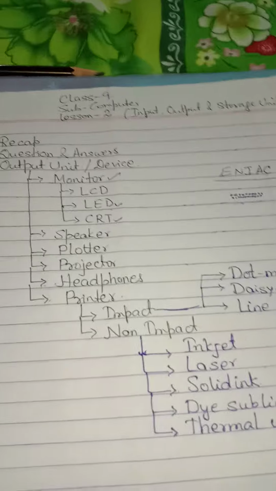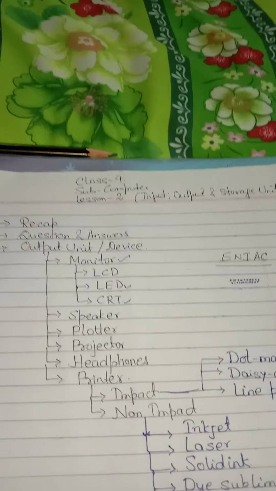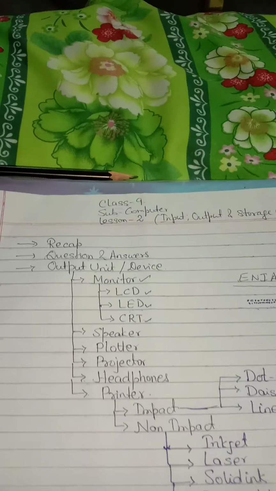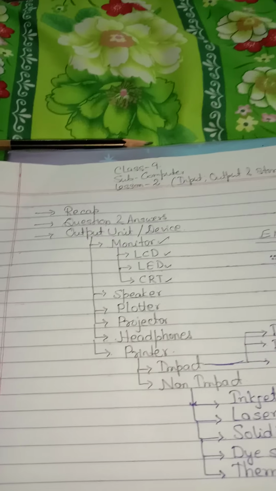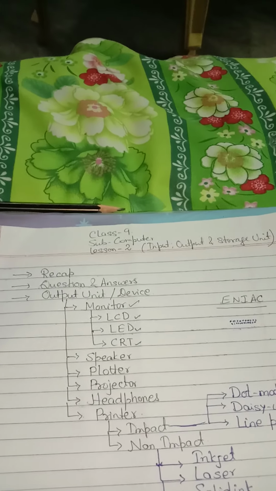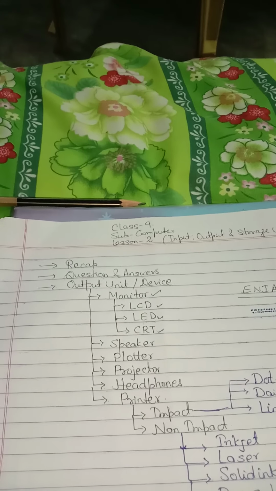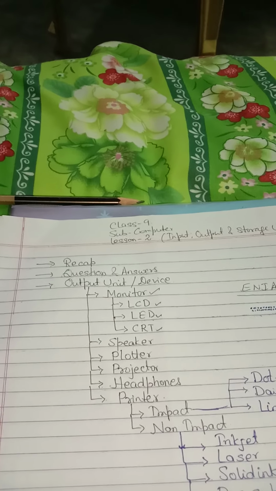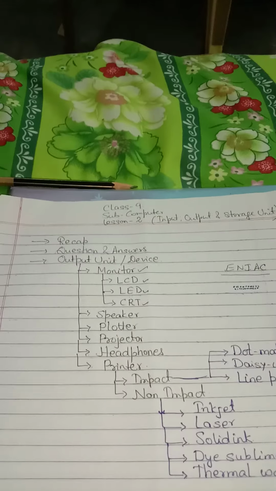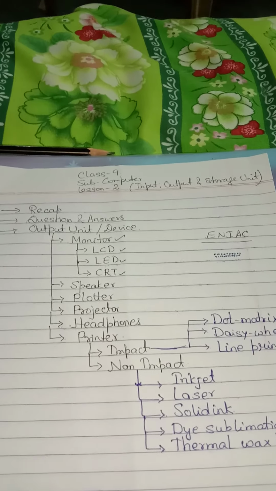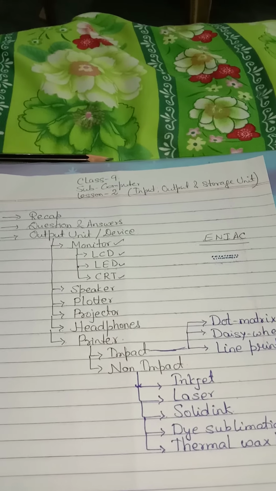The next type of monitor that we are going to discuss is LCD. The full form of LCD is liquid crystal display, and the full form of LED is light emitting diode. LCD is a glass plate with a liquid crystal inside it.